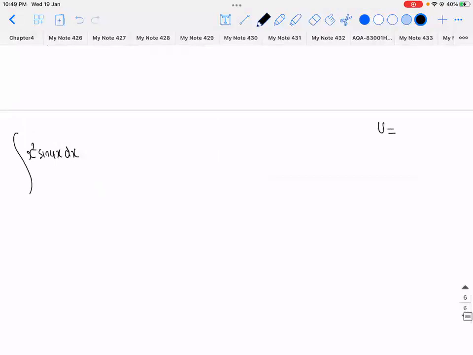So here our u is x square. Our dv by dx is sine 4x. So therefore v we can straight away write as minus 1 by 4 cos 4x. Now du over dx would be 2x.